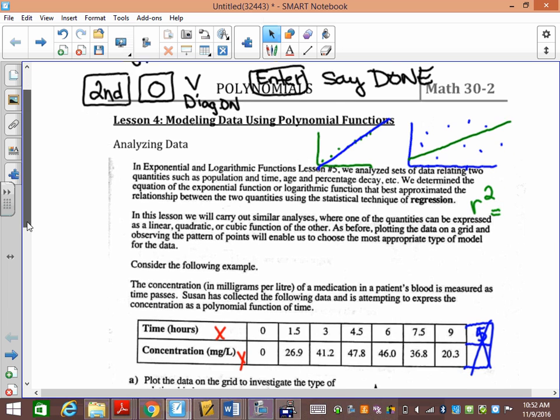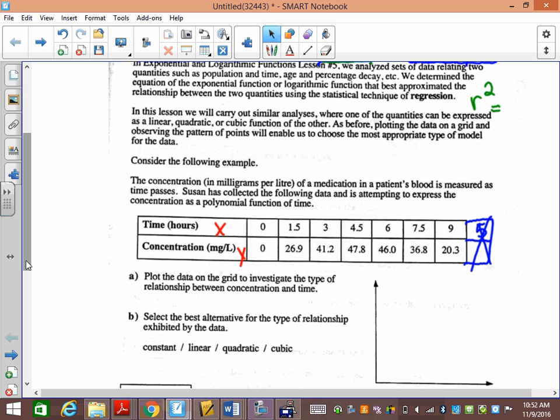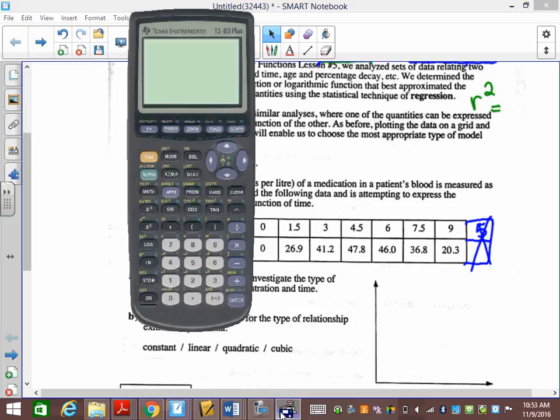Okay, so we have our data, correct? Now we want to figure out which regression fits it best, so we're going to pay attention. We're going to look at the back of our sheet. Yes, you have to put the list and everything back in. So, we're going to practice it.